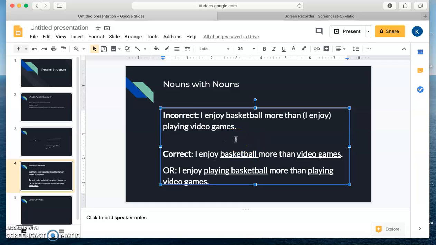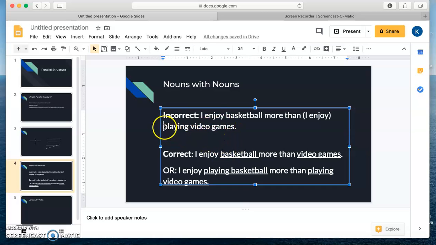If we break this sentence down word by word, phrase by phrase, we have an I and an understood I. We're good. Enjoy, understood enjoy, and then we have our noun, basketball. But here we have another verb, playing, and then we get to our noun.